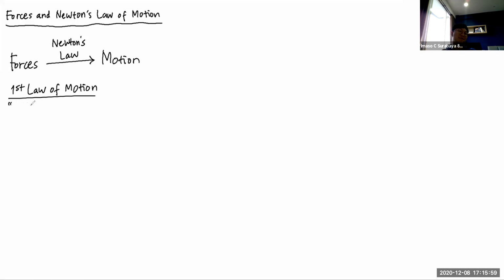I think that is more or less the same sentence that Newton said. Newton said, an object at rest stays at rest, and an object in motion stays in motion.